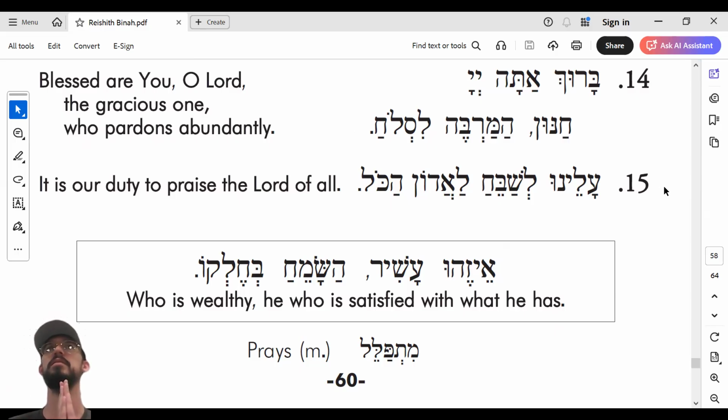Brett, please, number 15. Aleinu leshabe'ach la'adon hakol. Yes. Can you try this word here again?